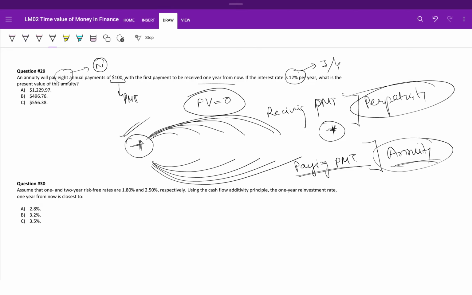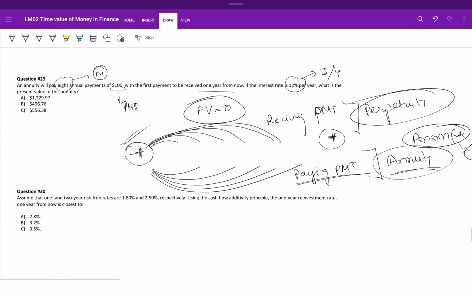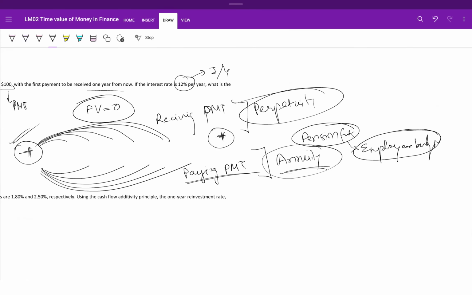Annuity, when we talk about pension funds, employee benefits, and perpetuity is you are going to receive constant cash inflow.